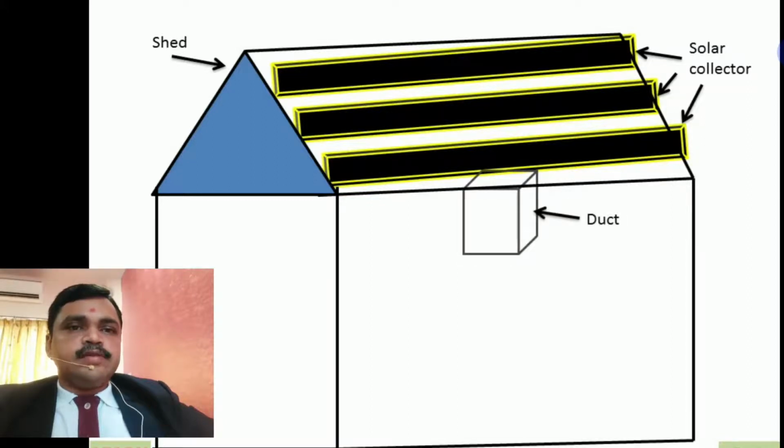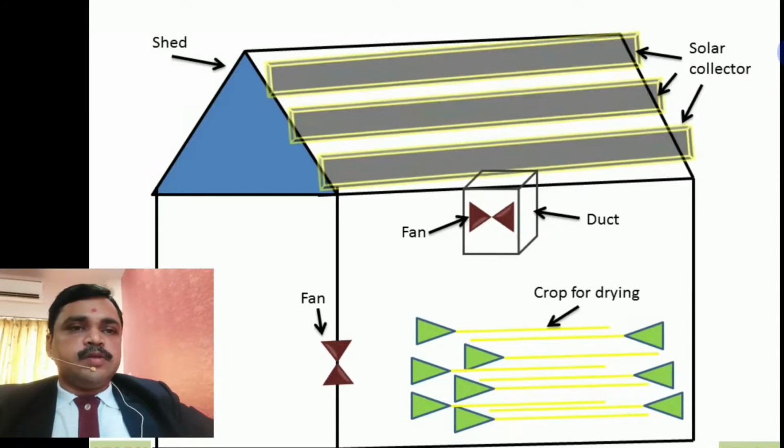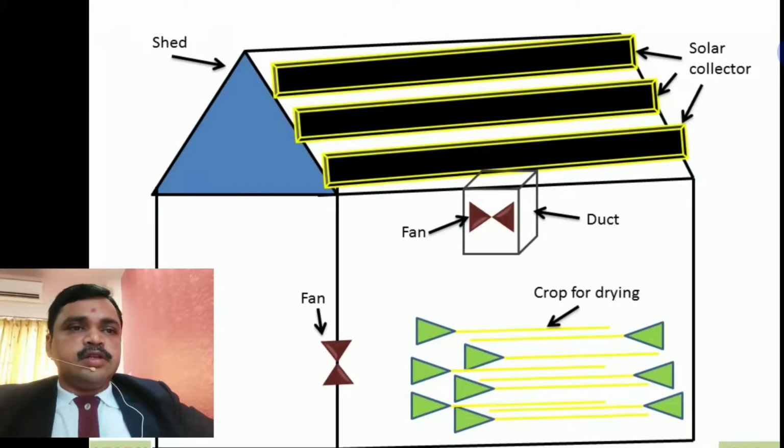For circulating solar type drying system, extra mechanical force is applied by fan or blower. Air is heated in solar air heaters or flat plate collectors, and this heated air is passed onto our crop which is for drying.